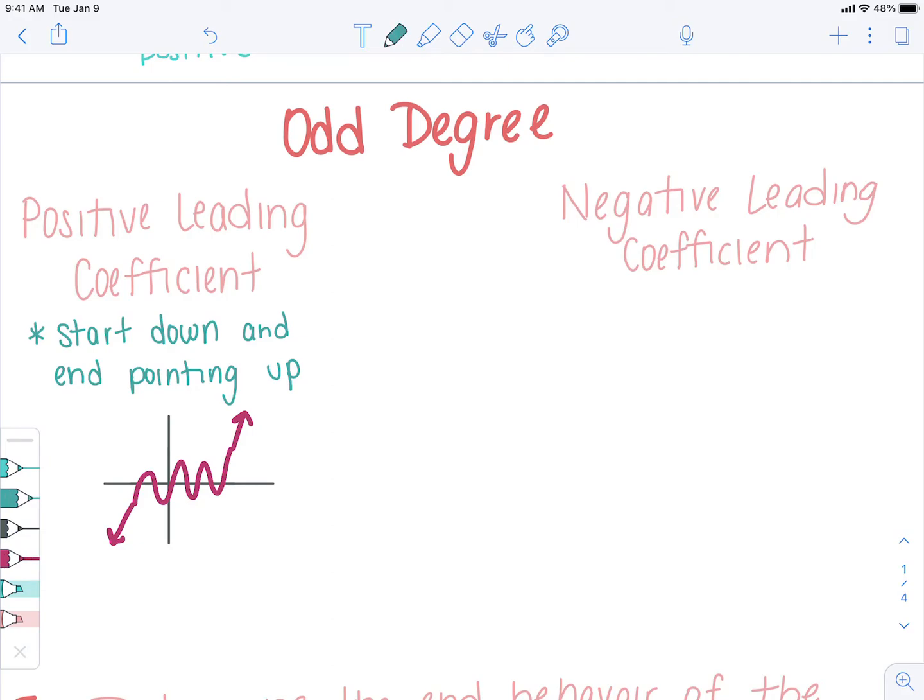An example of that, if we were looking at an equation, could be something like y equals 5x to the third minus 2x squared, where my degree is odd and my leading coefficient is positive.